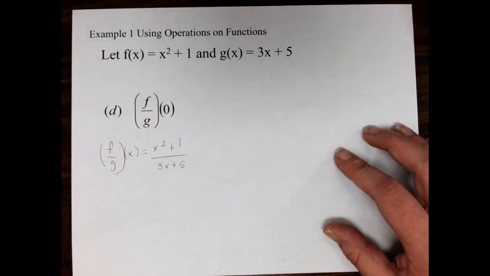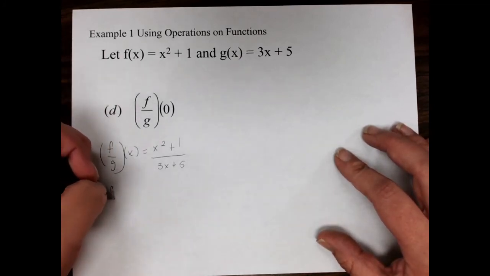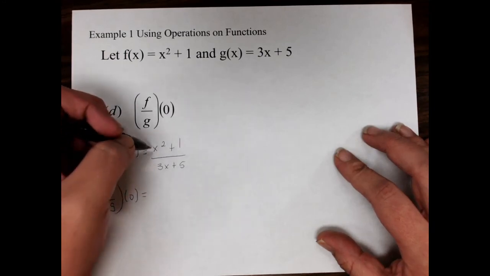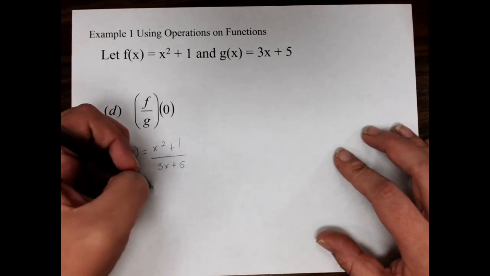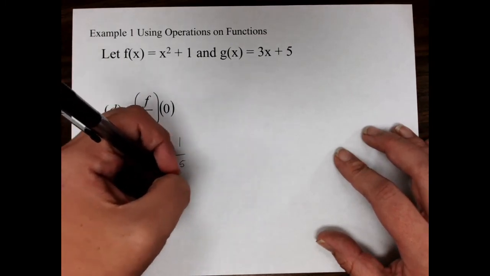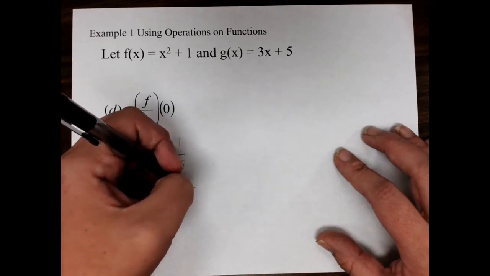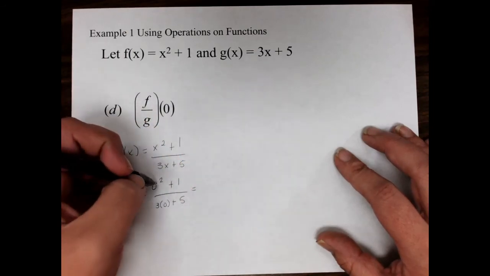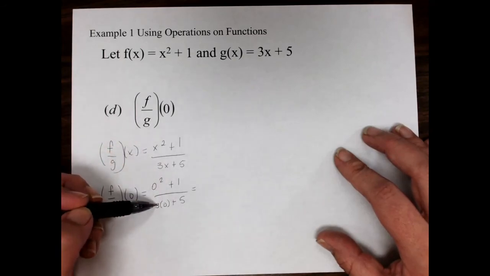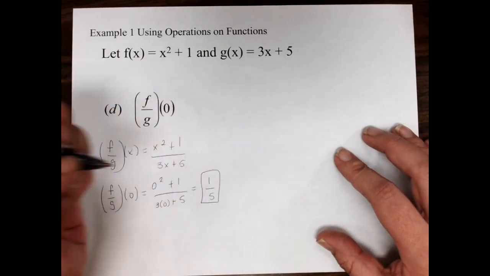A fraction bar is the same as a division, right? So let's now go ahead and calculate f divided by g of 0. Plugging in anywhere I have an x, I'm going to plug in 0. So 0 squared plus 1 over 3 times 0 plus 5. Well, 0 squared is 0, 3 times 0 is 0. So I am left with 1/5 as an answer.